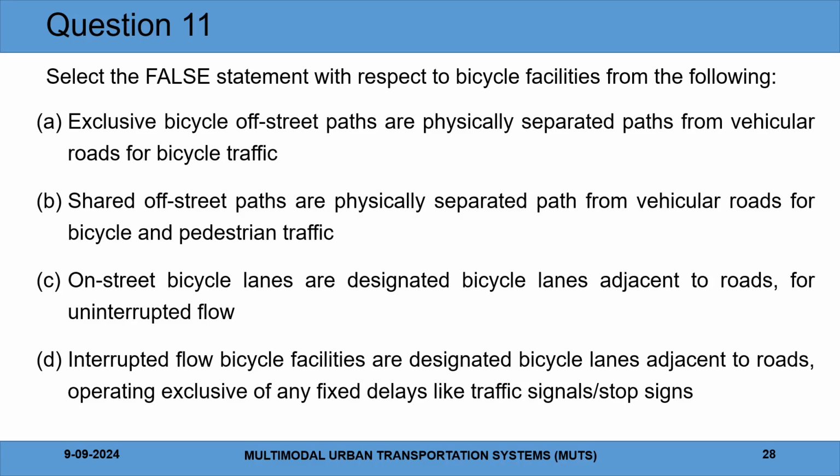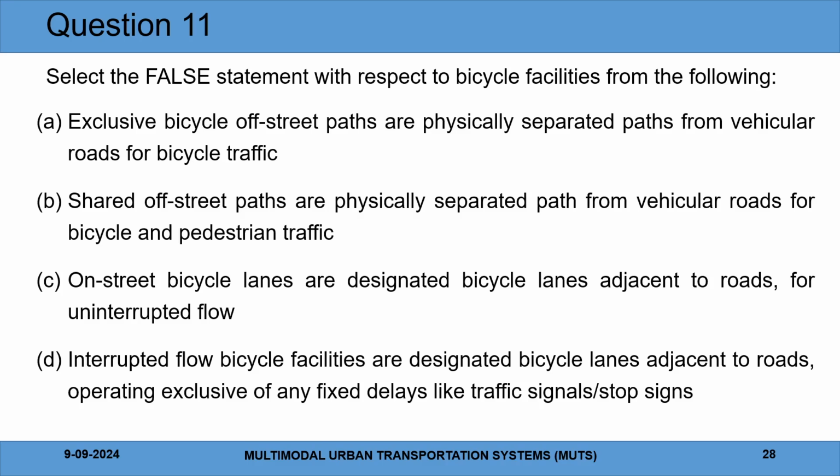Next is, select the false statement with respect to bicycle facilities from the following. Exclusive bicycle off-street paths are physically separated paths from vehicular roads for bicycle traffic. Shared off-street paths are physically separated paths from vehicular roads for bicycle and pedestrian traffic.